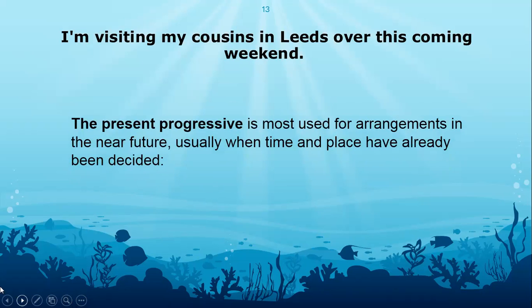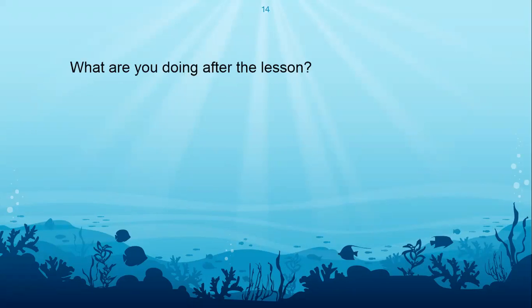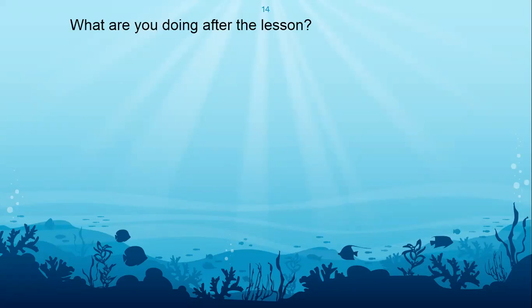The present progressive is most used for arrangements in the near future, usually when the time and place have already been decided. Everything is decided. Time decided, place decided. Then we use it.